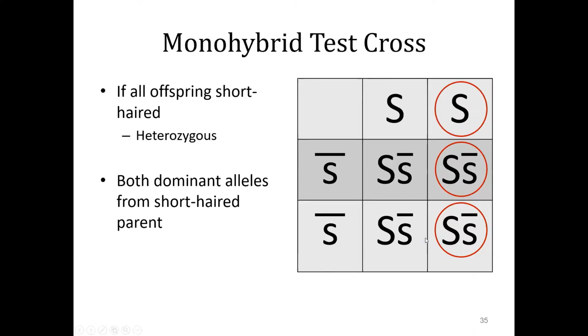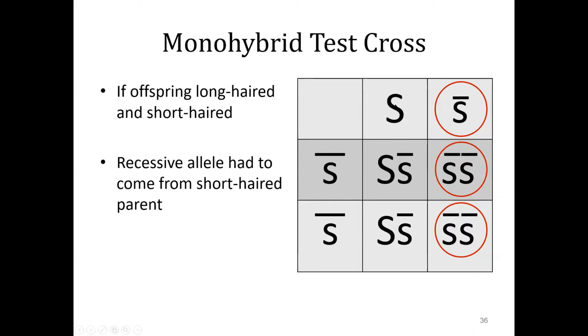And even this is just potential, right? It's not 100%, but for the most part, if all we ever see is short-haired, we can assume that parent was homozygous dominant. However, if in that litter of kittens we saw long-haired and short-haired, we would know that that lowercase s had to have come from this parent, so they were heterozygous.